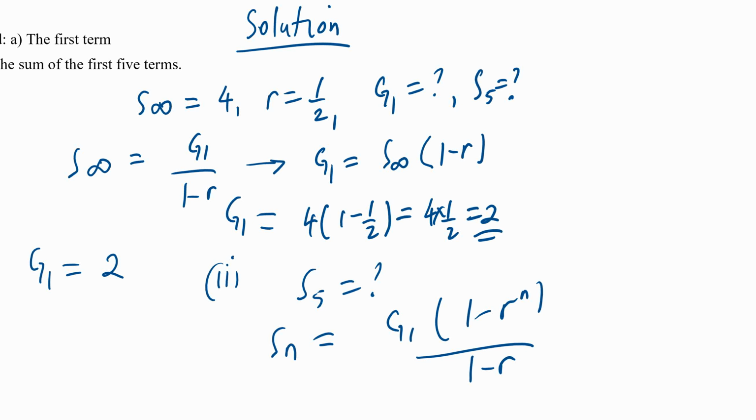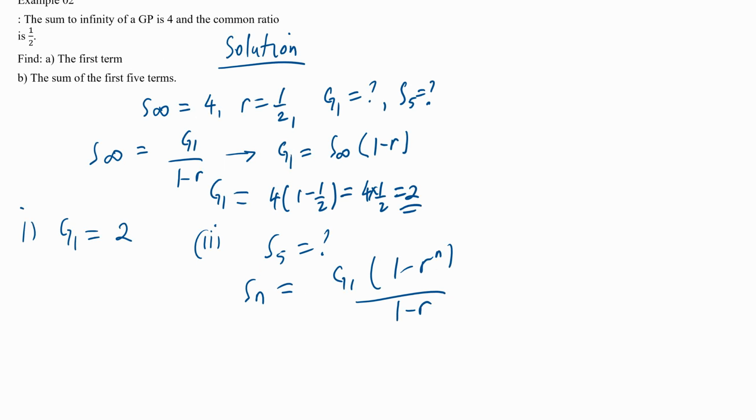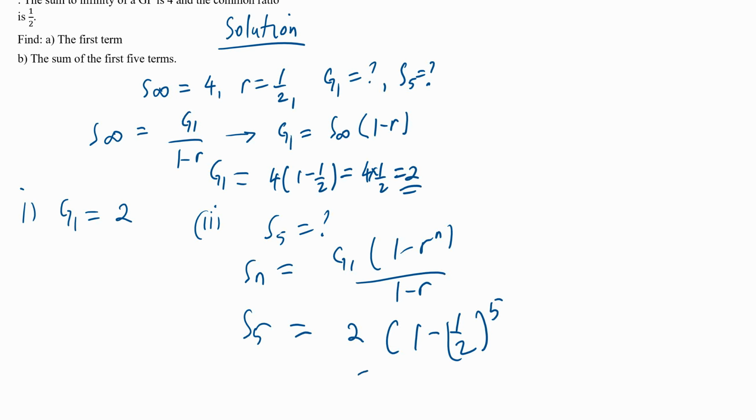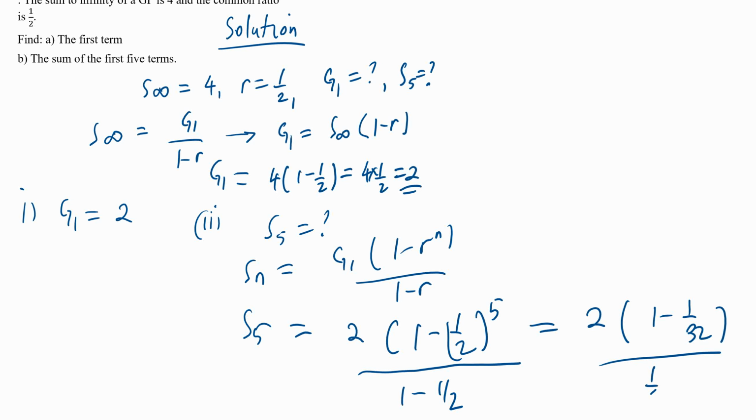So we just focus now on S5, which equals g1, which is 2, times (1 minus a half to the power 5) divided by 1 minus a half. So we'll have 2 times (1 minus 1 over 32) divided by a half.